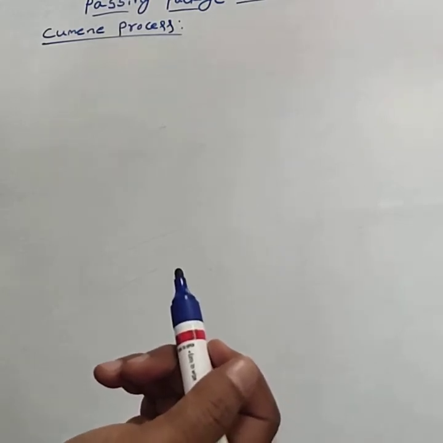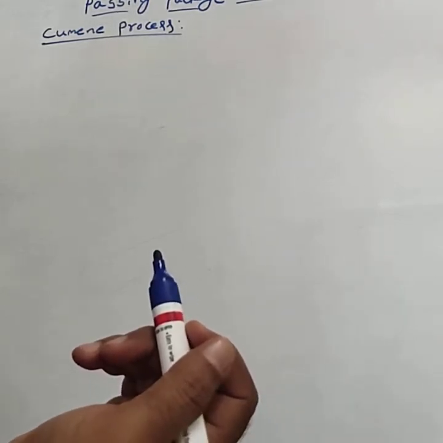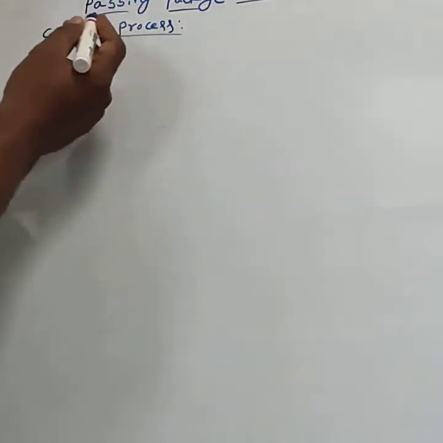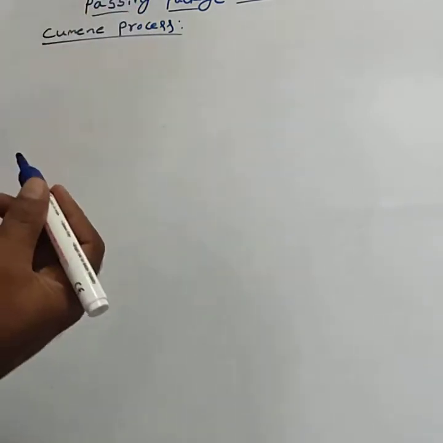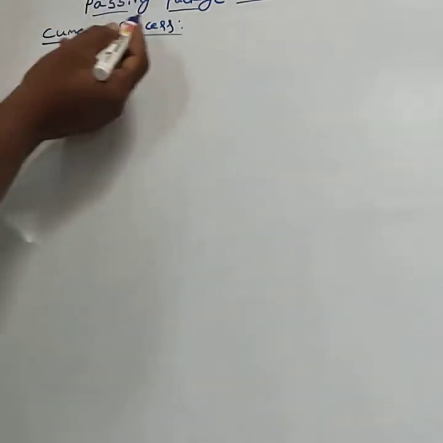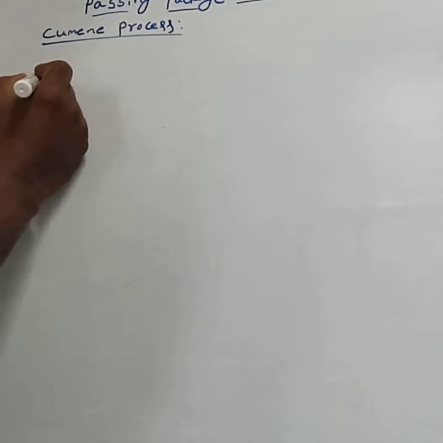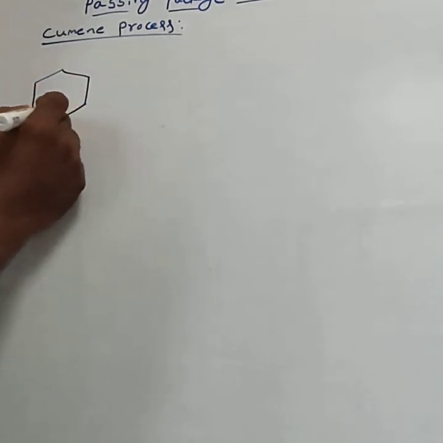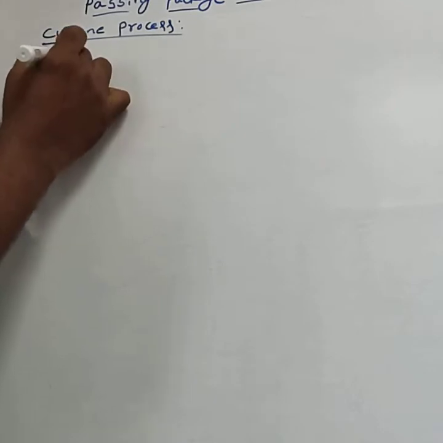First you take the cumene process. This is the commercial method for the manufacture of phenol, commonly called the cumene process. In the cumene process, first you take cumene.